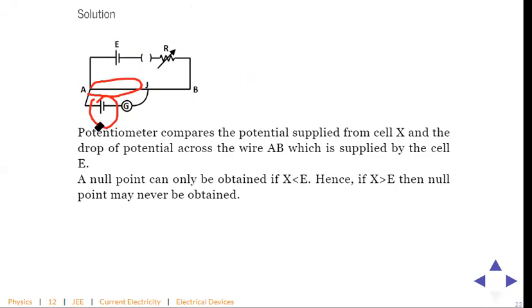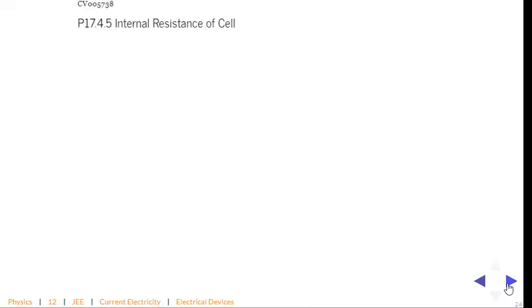If this V is greater than the EMF that we are calculating, then the balance length would be outside this rod. So null point can only be obtained if this V is less than E. If it is greater than E, then null point can never be obtained. Clear in this concept? I hope all of you are clear in this concept.